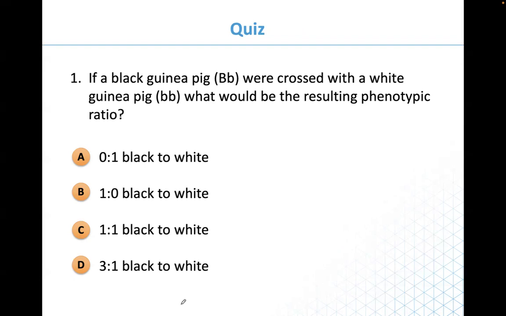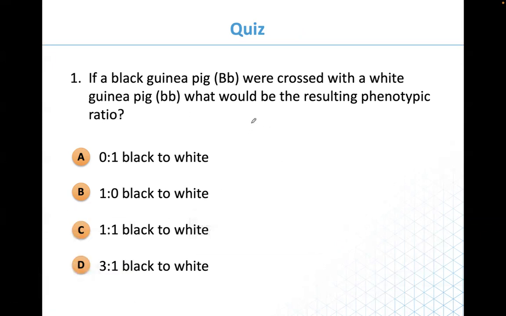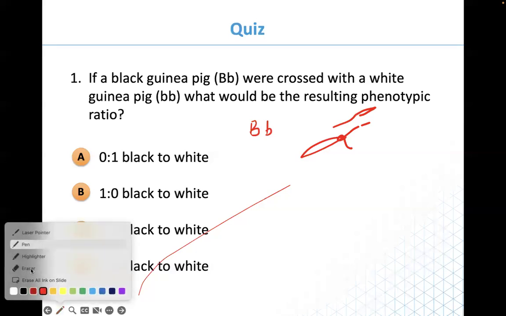So there are some questions here. If a guinea pig has this genotype, and it's crossed with a white one, the white one has this.